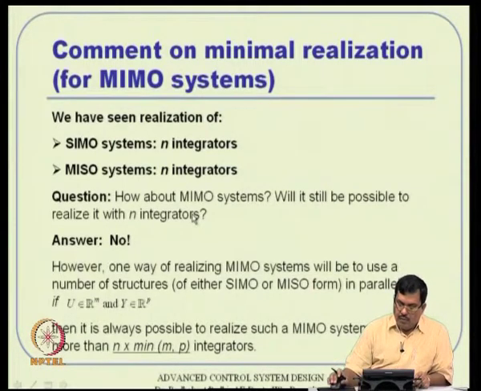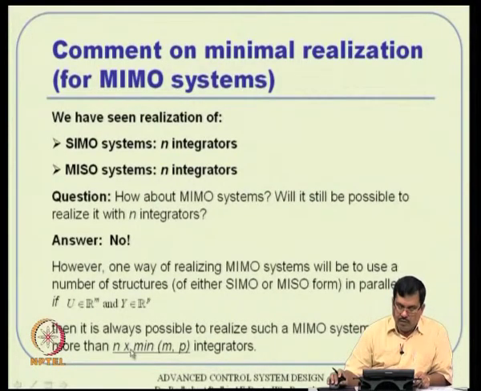Now, what is the immediate answer that comes to mind? One way to realize these MIMO systems will be to use a number of structures, whatever form we select, either a SIMO form or MISO form, and use a number of them in parallel. Especially if u belongs to an m-dimensional vector and y belongs to a p-dimensional vector, that means there are m elements of u and p elements of y, then it is always possible to realize such MIMO systems with n times the minimum of these two, where n is the number of state variables in the SISO system.